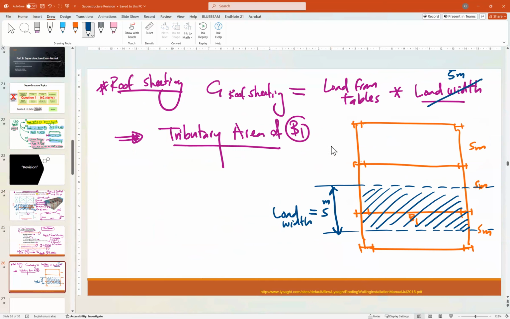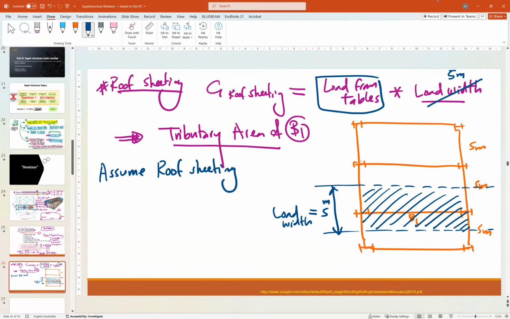Okay, so this is for the roof sheeting. What you need to know about the roof sheeting: you need to assume a roof sheeting if it is not given, or if it is given, you need to use it. For example here, if we assume a roof sheeting, just a second to find the table.